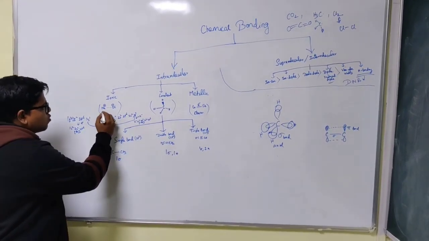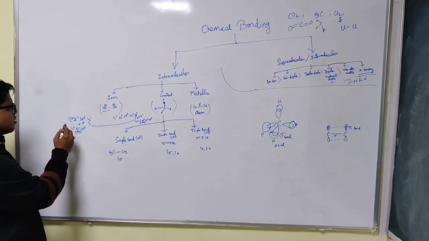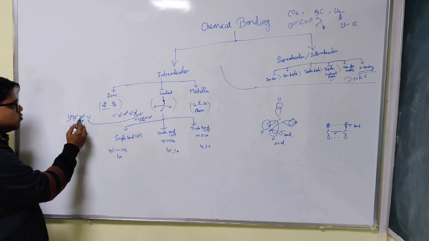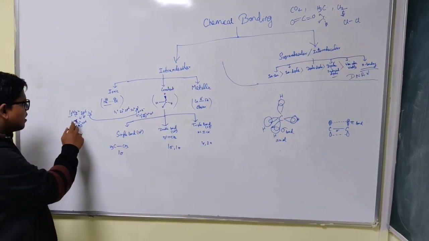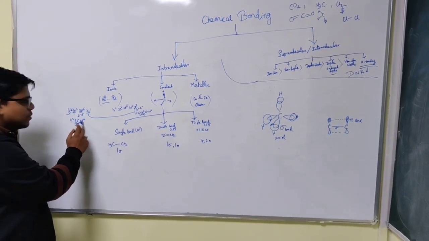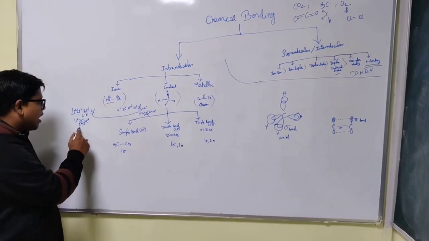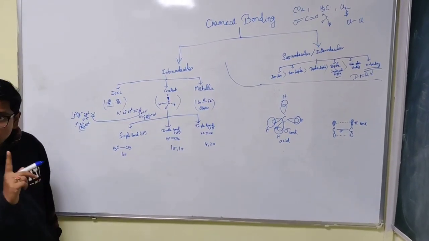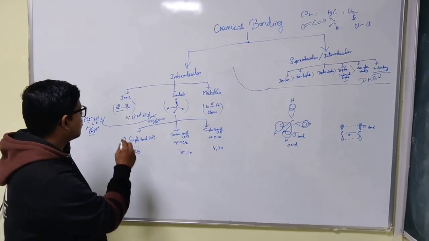Sodium has the electronic configuration 1s2, 2s2, 2p6, 3s1. If it loses one electron, it becomes 1s2, 2s2, 2p6, which is the electronic configuration of the stable noble gas neon. And let's have a look at chlorine.